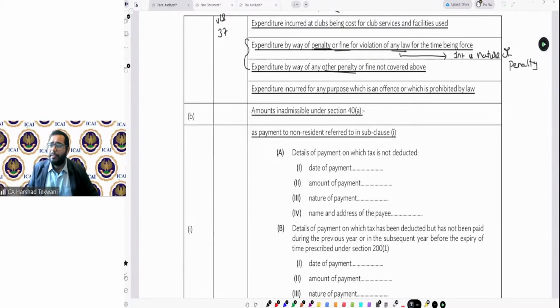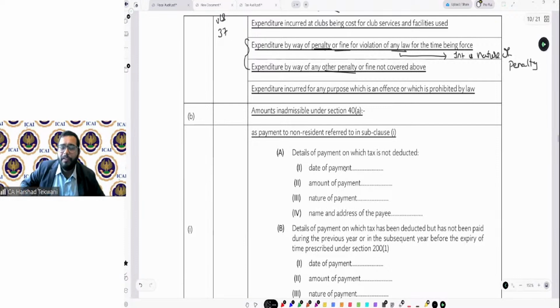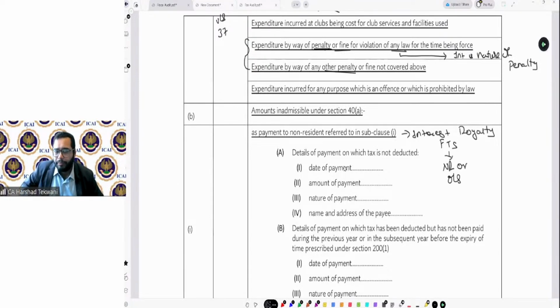In that case, such deduction is not allowable under the head of profits and gains from business and profession. So payment to a non-resident referred to in 1 in respect of interest, royalty, FTS, to a non-resident or outside India.